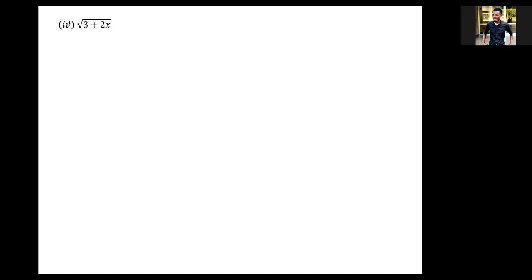So this is the fourth question on that question sheet. Actually, what I'm doing is using the questions from your tutorial sheets as examples. So this is also a question in your tutorial sheet. The way you go about this question, first you express it in the form. So this is 3 plus 2x.